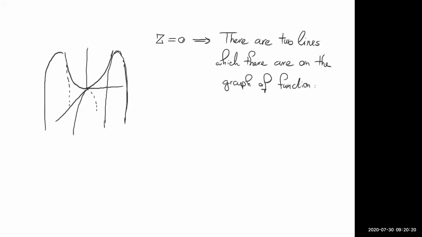How can I see that? Well, if z is 0, remember z is equal to y squared minus x squared. That is equal to 0. Which means y squared is equal to x squared. Now I can take the square root of both sides. Y would be plus or minus x.